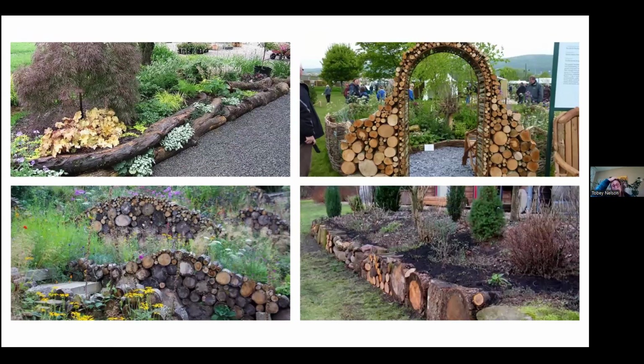And rotting wood in itself is a great thing to add to your garden. So here's some other fun sculptural ways that you can add rotting wood to your garden, as simple as just edging your garden with logs and letting them sort of decompose the long way. Or it can be interesting to do some stumps.